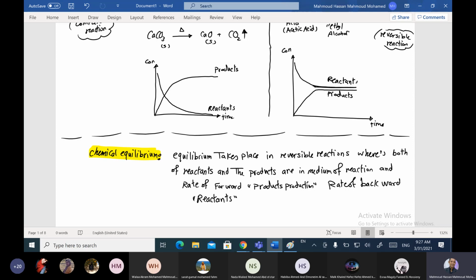So the equilibrium that controls reversible reactions is the chemical equilibrium.